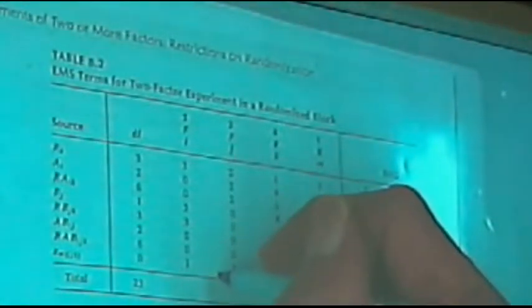And when we finally get down to the end, we can figure out a column of expected mean squares for the various effects in our model. So that's what I'm leaning on here. And I'm just going to basically say, you'll have to look at this yourself and check that it works. There's a lot of items in here to check out.